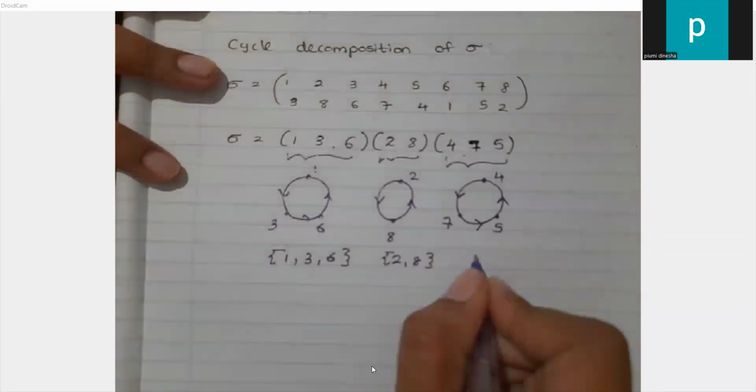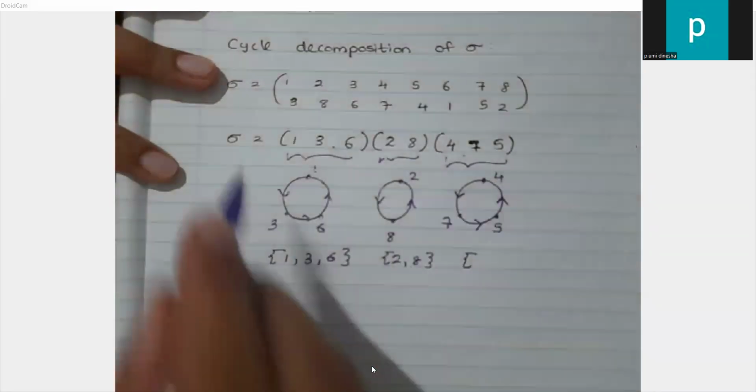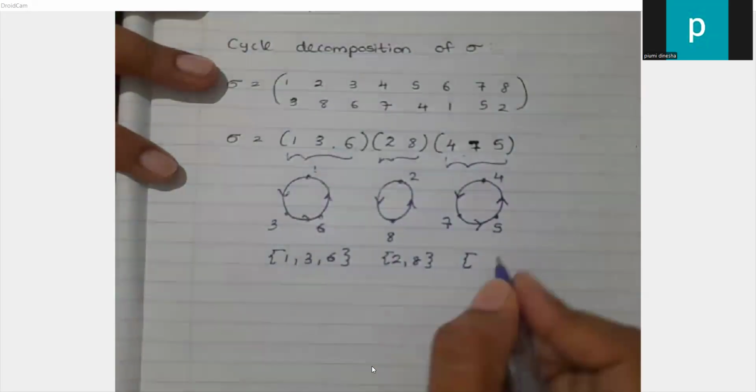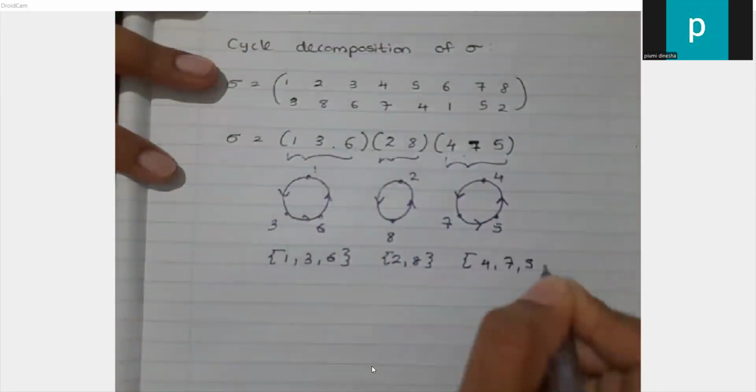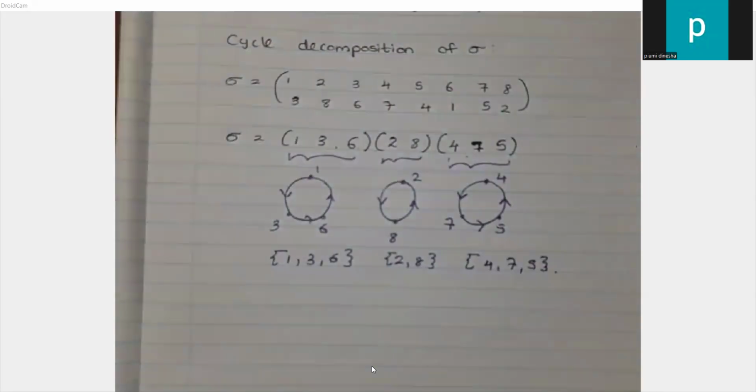And this last cycle in the product of the cycle decomposition of sigma contains elements in this other orbit of sigma. So we see that once you have the cycle decomposition, you can definitely identify the partition of the set A, right? I will simply refer to it as the set A. And you can simply identify all the corresponding orbits of that given permutation.